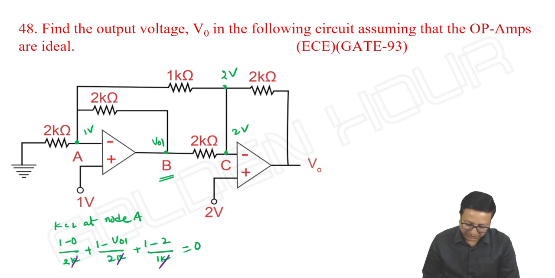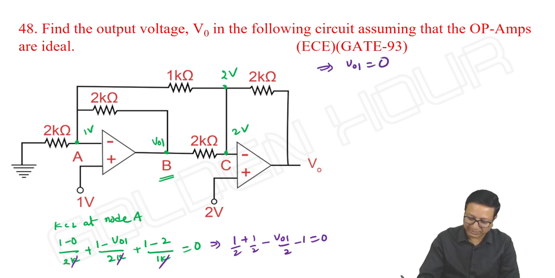So 1 by 2 plus 1 by 2, that is 1, minus VO1 by 2, minus 1, is equal to 0. So from this, what is VO1, friends? It is simply 0. Is it not so? By taking this node equation, we got the voltage here.